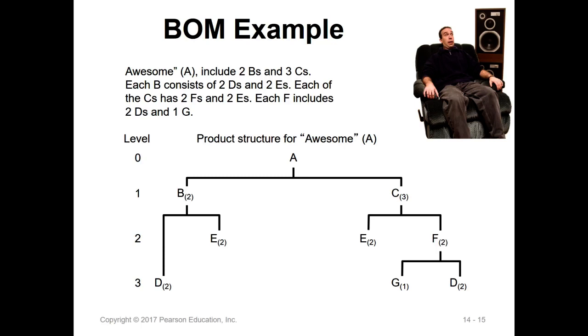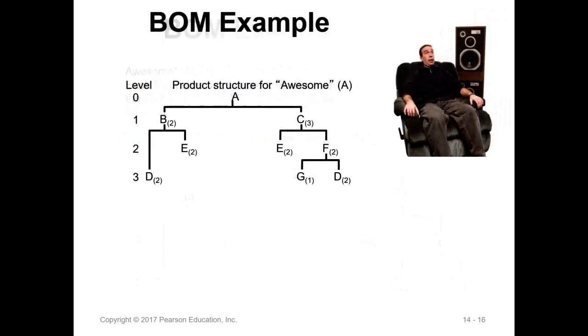C and E and C and F, they are all parents because they have something underneath the level. So it is a very important documentation for this structure, and it's going to help us make the material requirements plan.